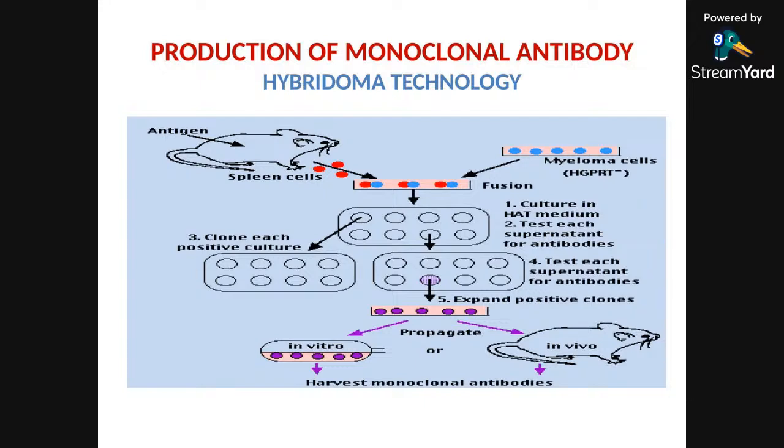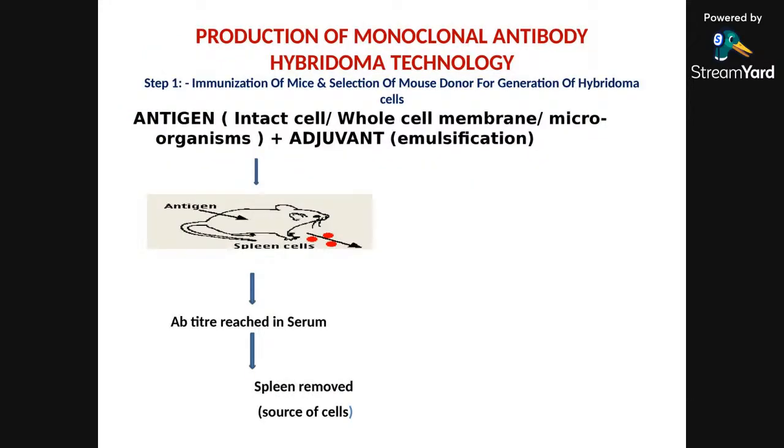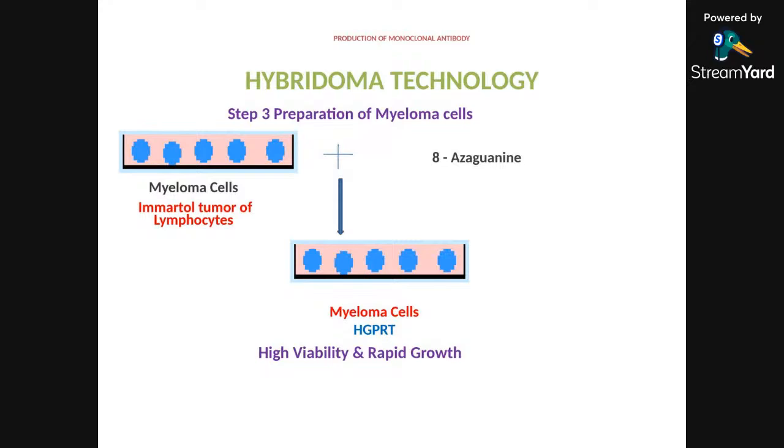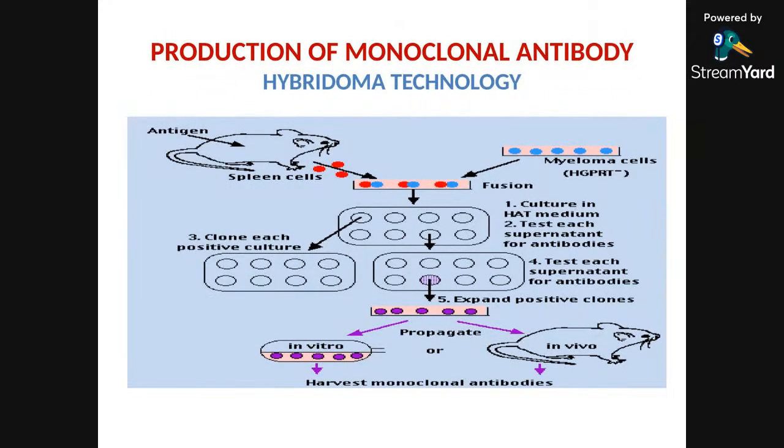They are blocked by 8-azoguanine. This 8-azoguanine blocks the hypoxanthine pathway that produces thymidine.